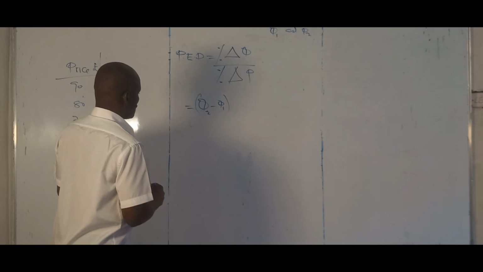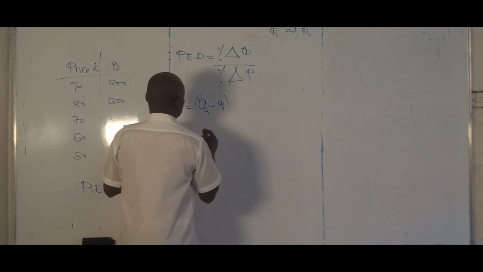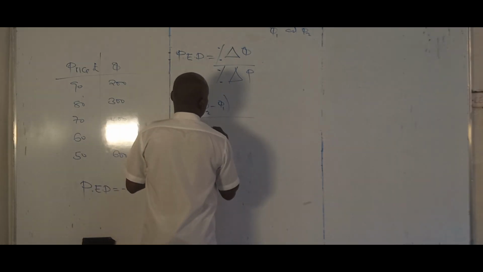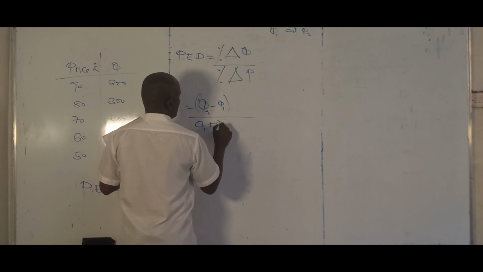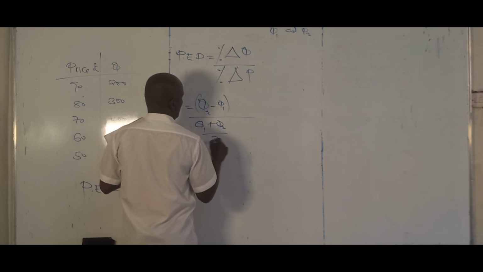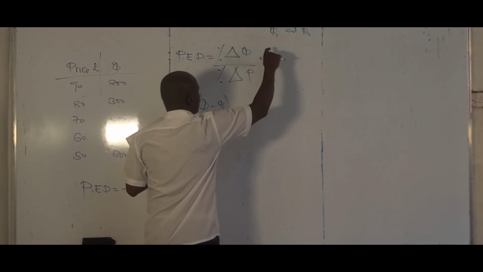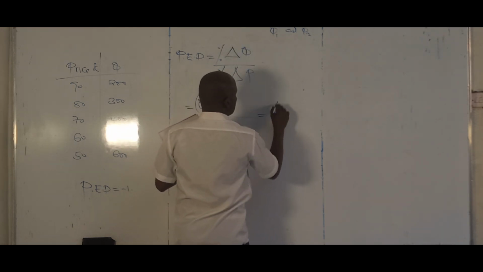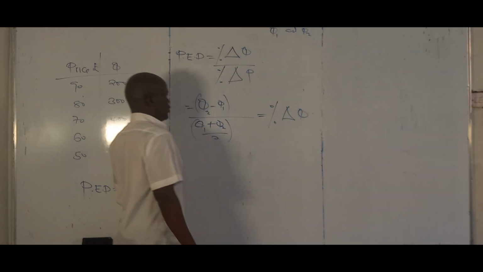That's the average of the two. So that's the numerator. This is equal to percentage change in quantity.